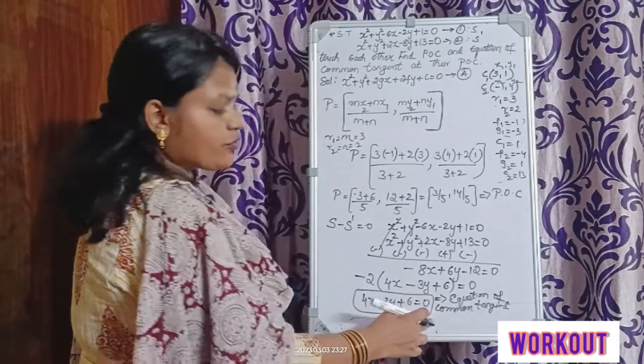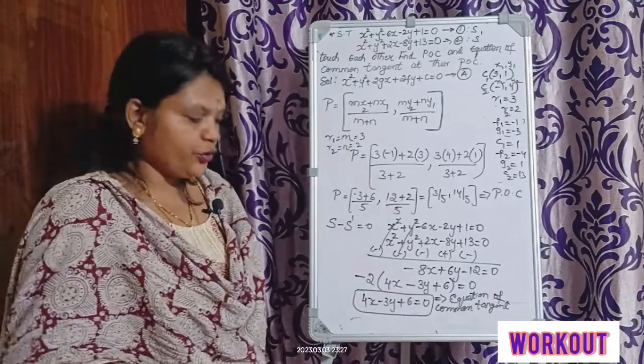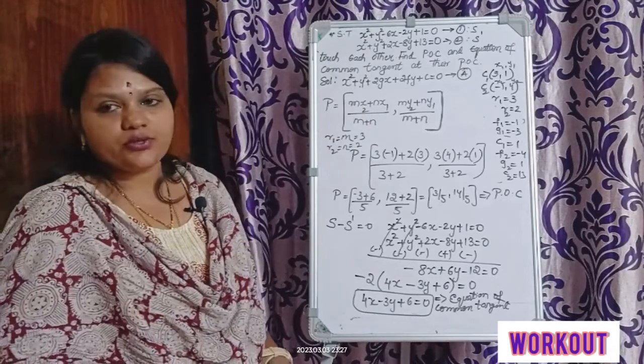This is the equation of common tangent at the point of contact. Understood?